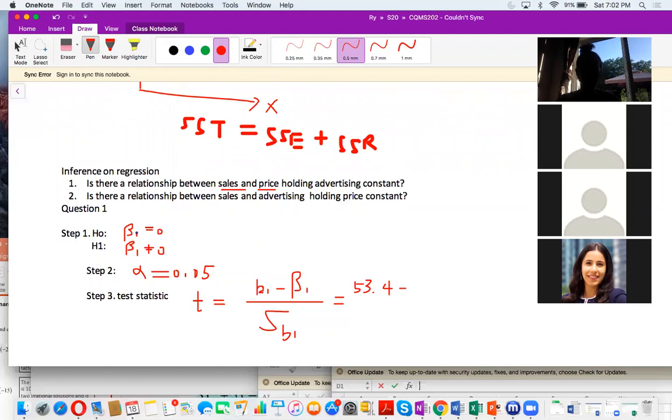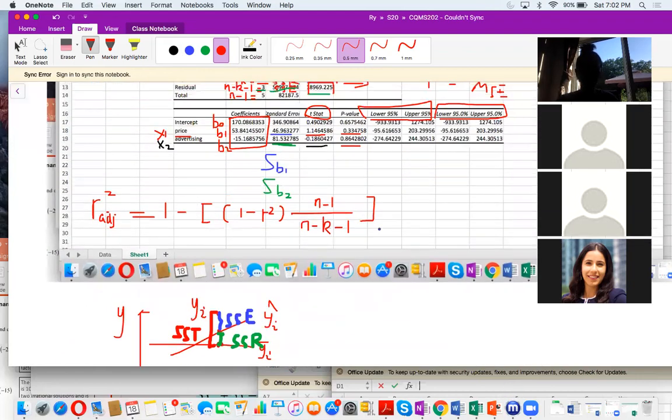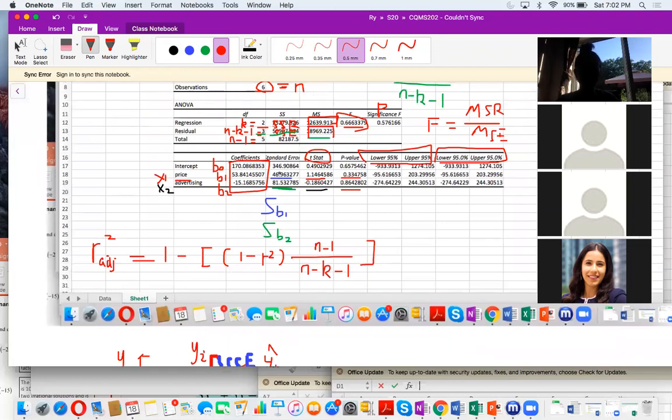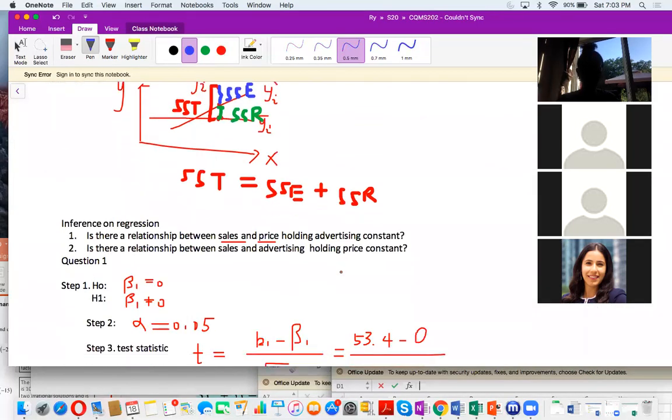Beta 1 is 0. You assume beta 1 is 0. Later on, you can reject or accept. So minus 0, divided by SB1, the standard error for slope. Where is SB1? See here, SB1 is 46.96.